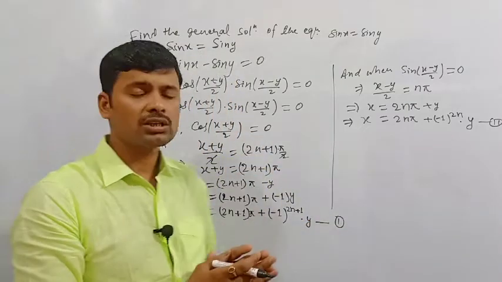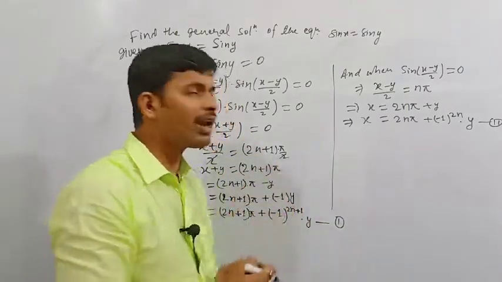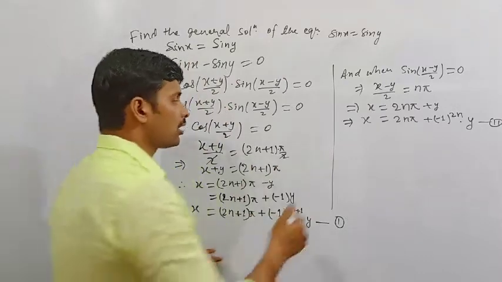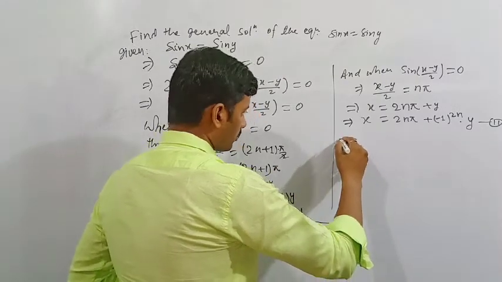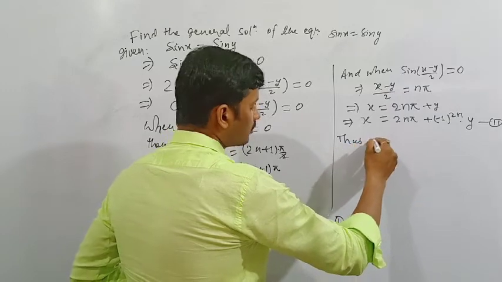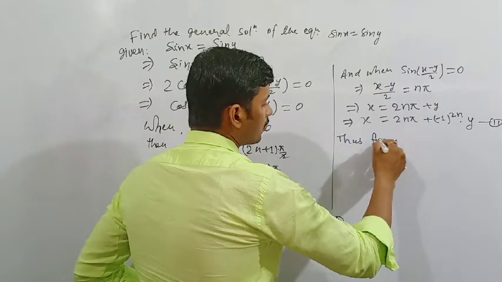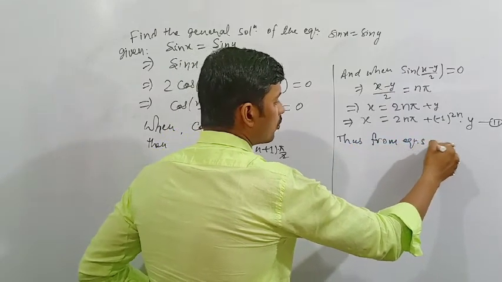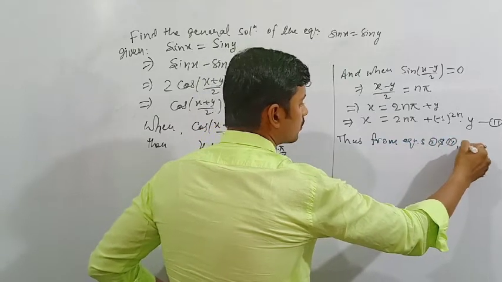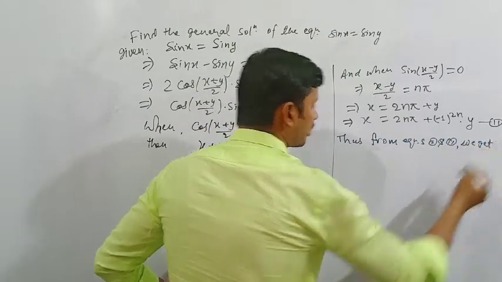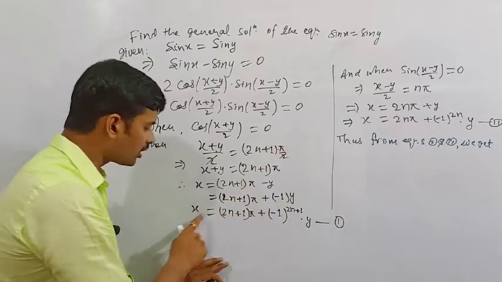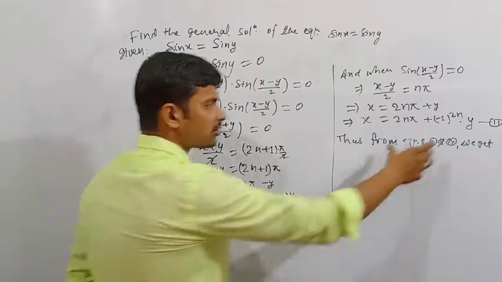Both of the equations contain the values of x. Hence, from equations 1 and 2 we get that this is also the value of x, and this is also the value of x.